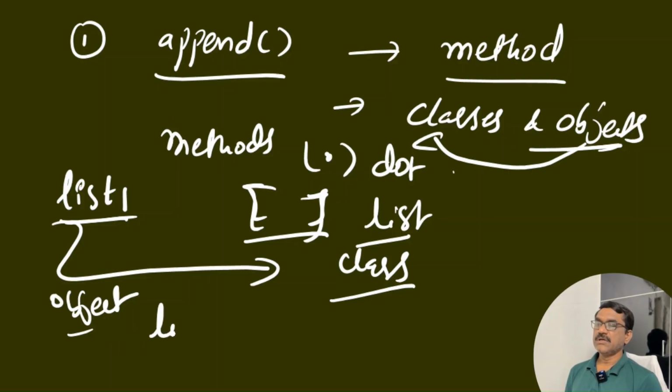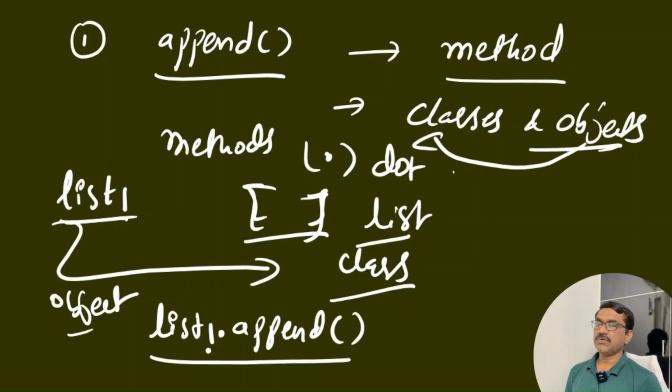Then what you do is the name of the object, here list1, dot append. This is the way of using the methods through objects. Here list1 is the object and append is the method. So by saying list1.append, we are going to add the elements into a list.